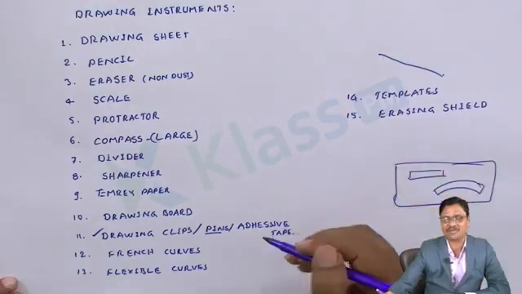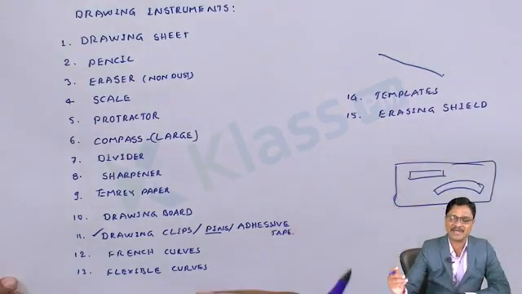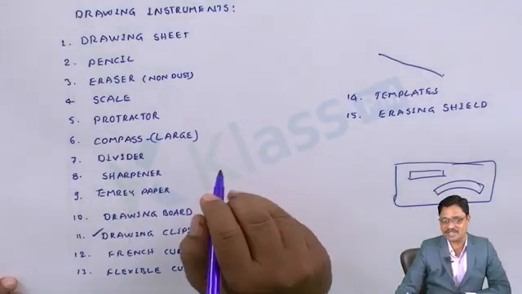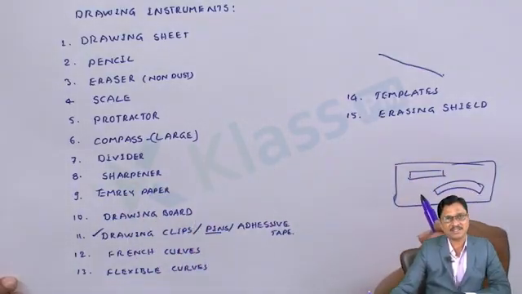It protects your drawing area from your hand coming directly in contact with the drawing sheet. That is the function of the erasing shield.